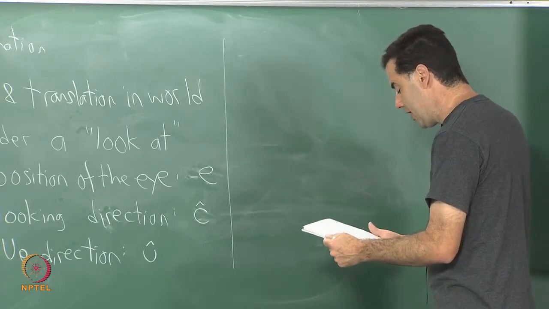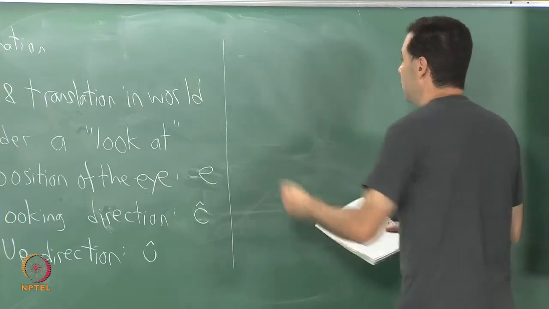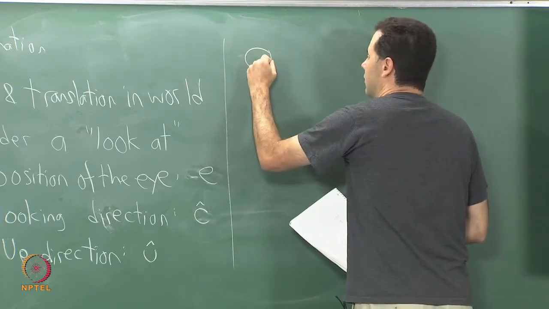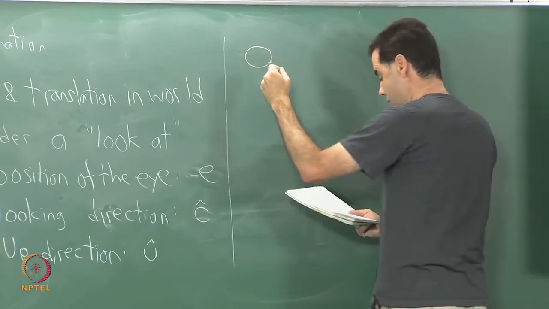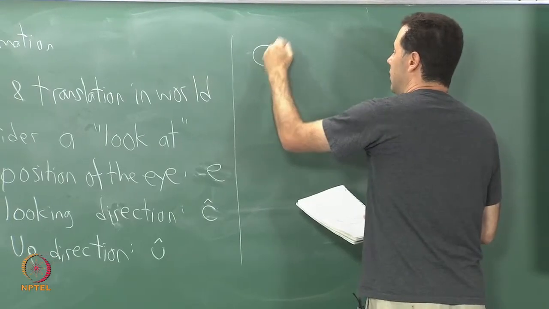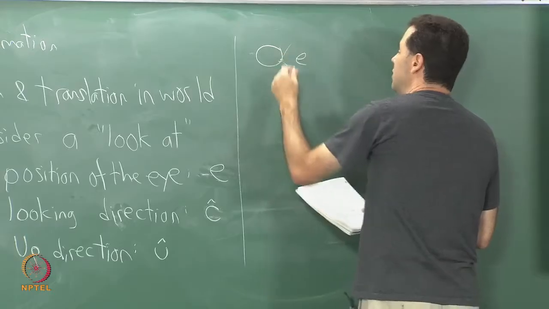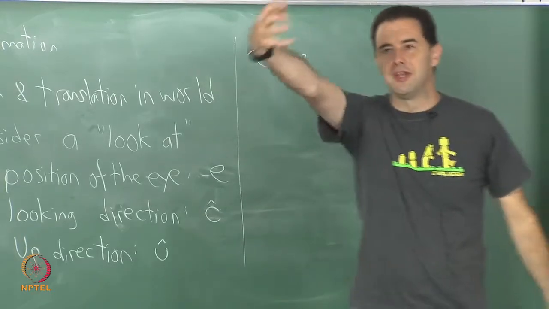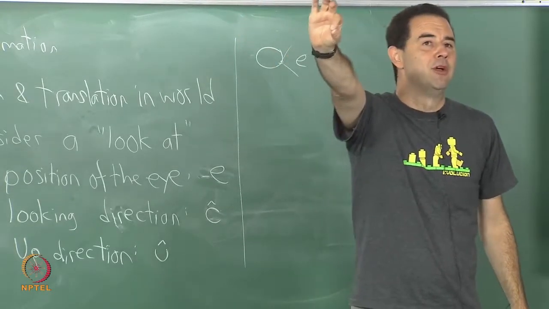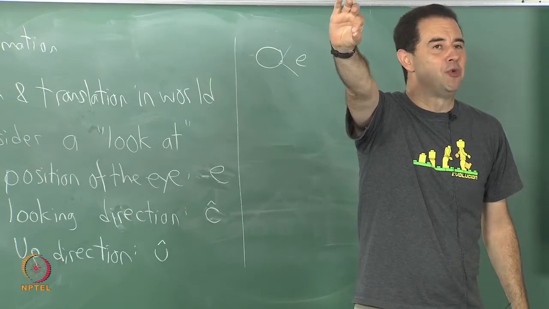So how can I obtain the look at? Here's one possible way to do it. I have the eye, and I've decided that the pupil is going to be located at some location E, so it's very easy to write down. So imagine you're given where the eye is. It'll have some coordinates that correspond to where the pupil is at.